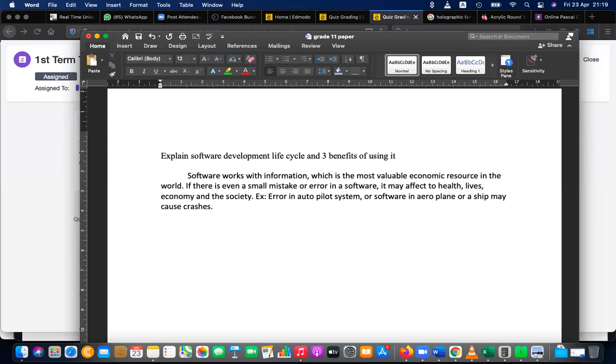So that much of an issue. An error in banking software may bankrupt the bank and even the country. So that much of effect is there. Right?